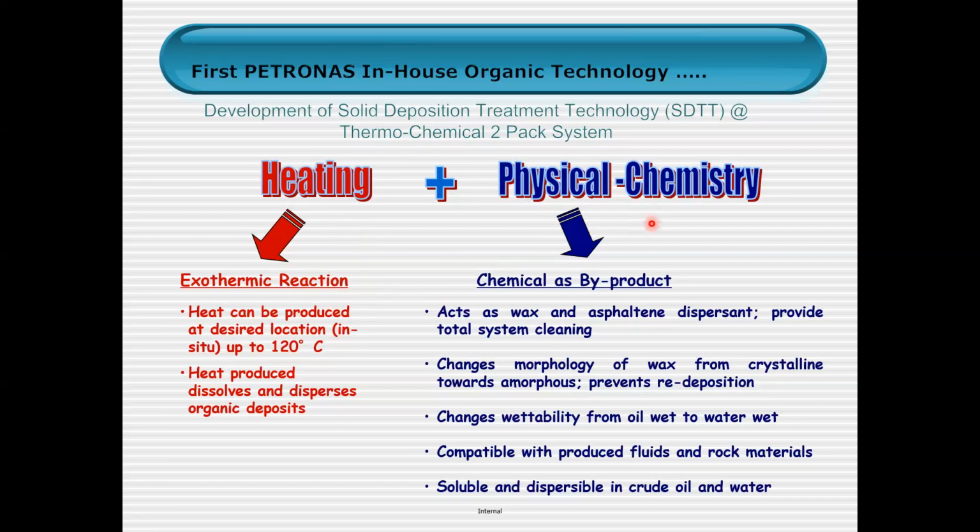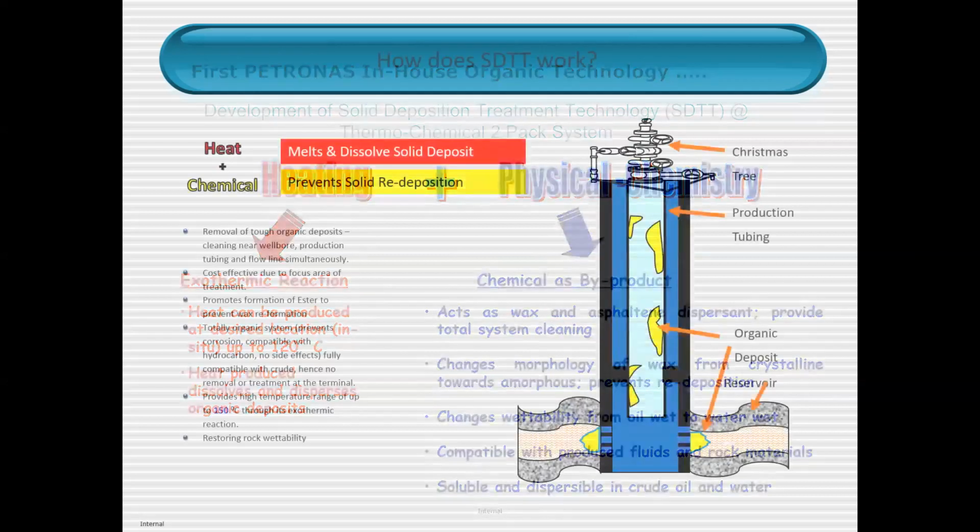And the chemistry, as a byproduct, becomes like a dispersant to prevent the wax from redepositing. In fact, I could give this talk for a few days, basically the whole slide, but I'm not going into detail on this. So just to give you some understanding of what can come into this production.